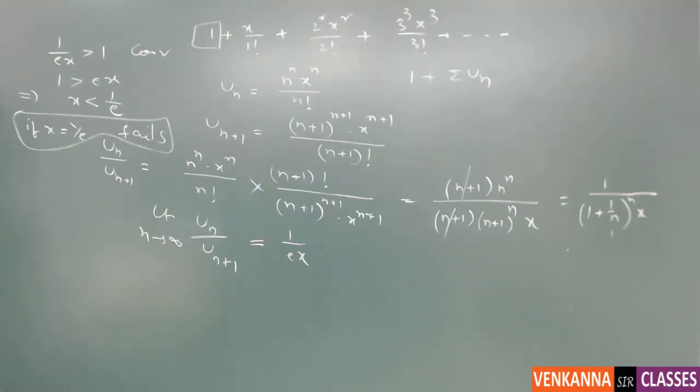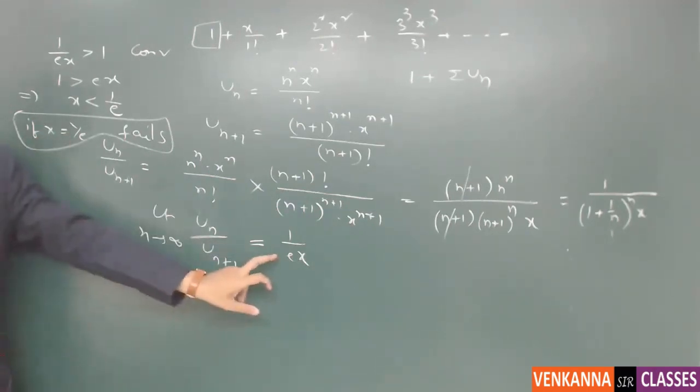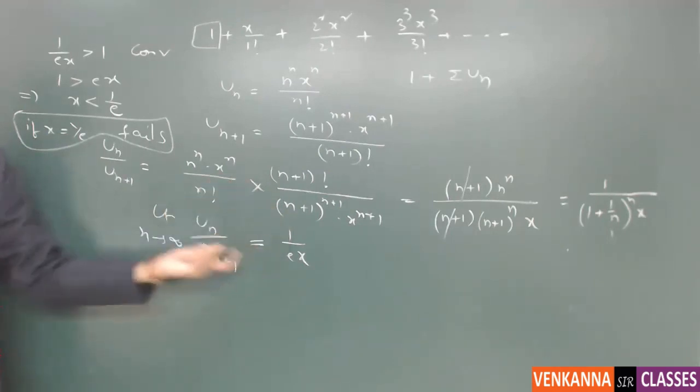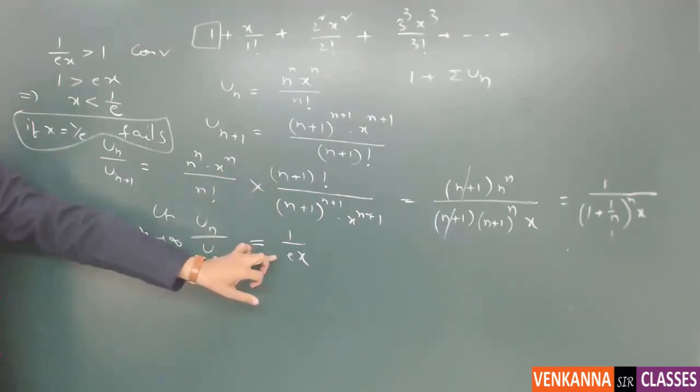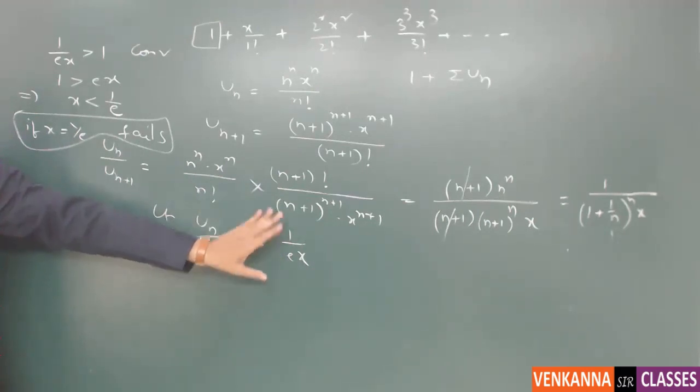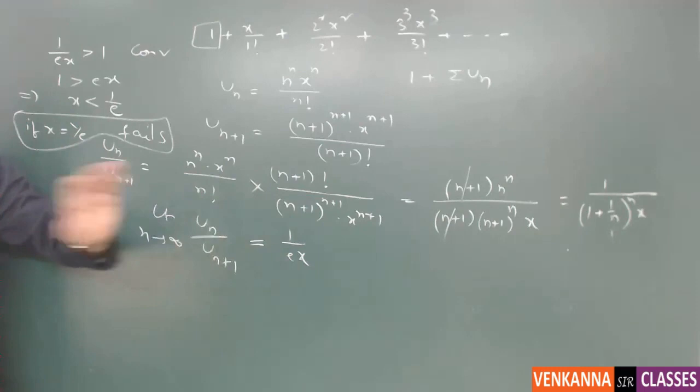Right. Now, as usual, as and when the ratio test fails, immediately what do you have to apply? Rabbit test, right? Since if you substitute x equal to 1 by e, the limit part involves the symbol 1 by e. So we are going to apply the logarithmic test apart from the Raabe's test.